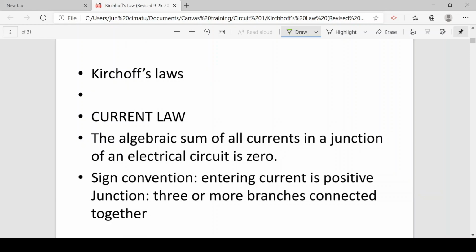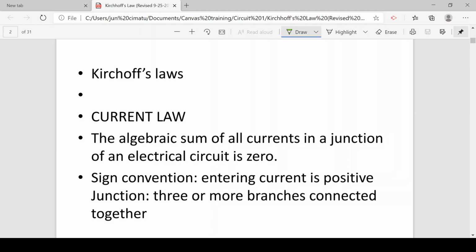This lecture demo is about Kirchhoff's law, which is one of the approaches in solving problems in an electrical network. The first law under Kirchhoff's law is the current law.